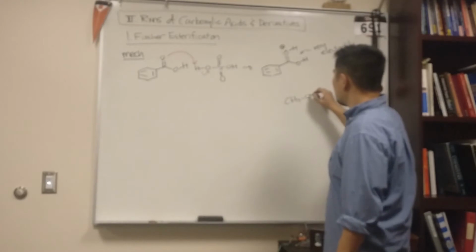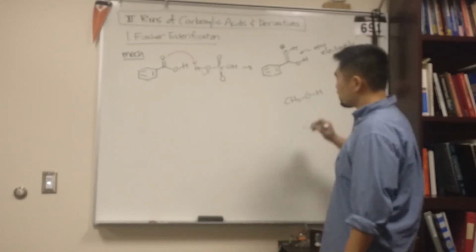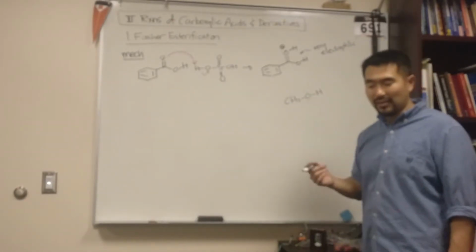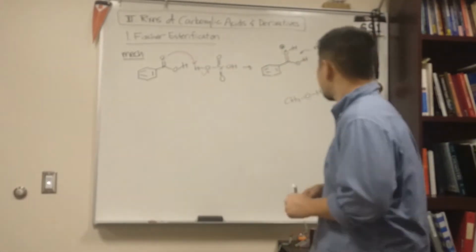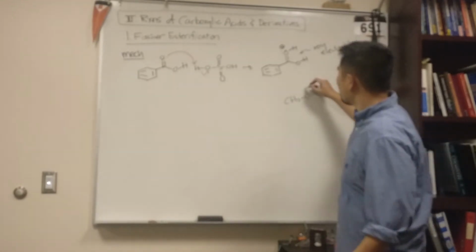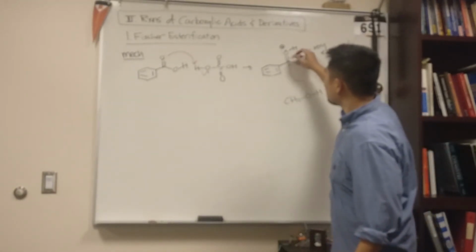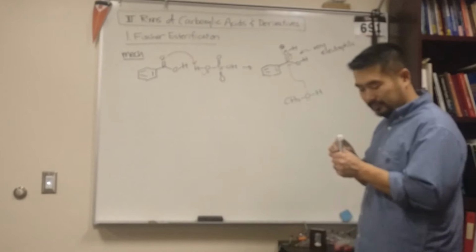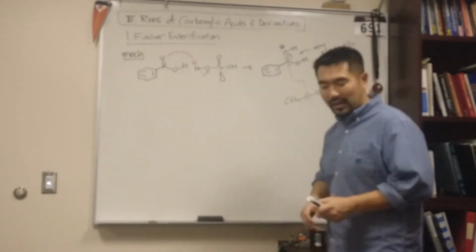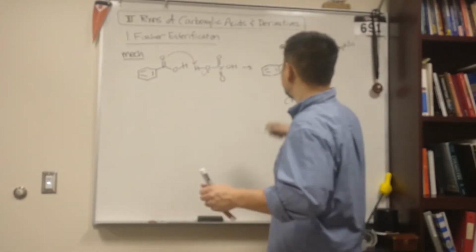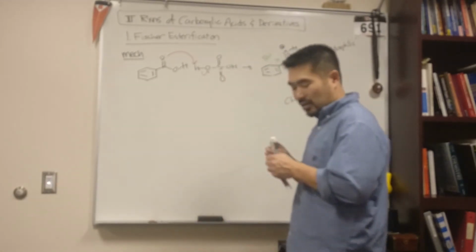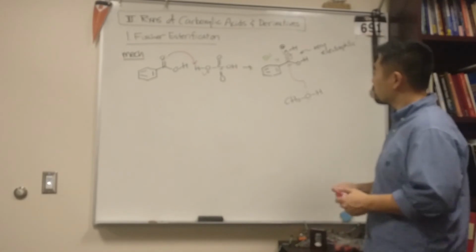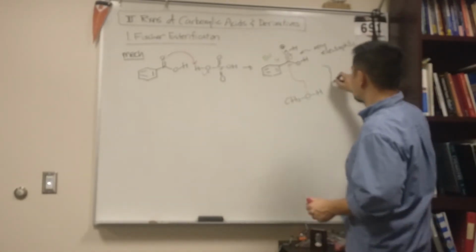And there happens to be a convenient nucleophile in this reaction mixture, and that's the methanol. So methanol, because it has these lone pairs, can attack this very electrophilic carbon that right now is an sp2 carbon. But after this attack, it becomes tetrahedral.